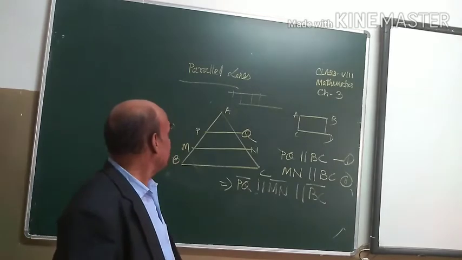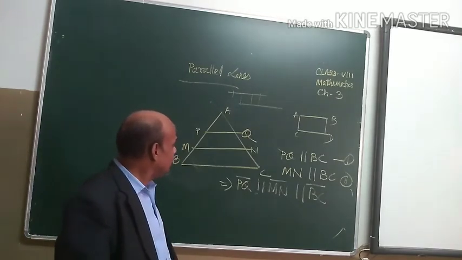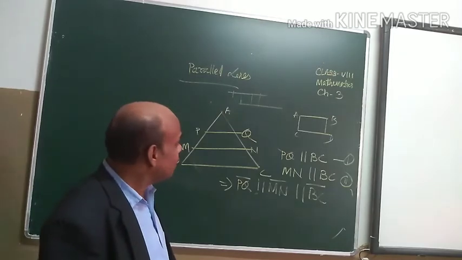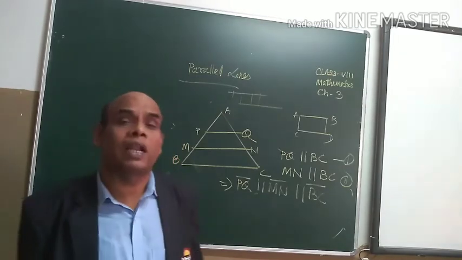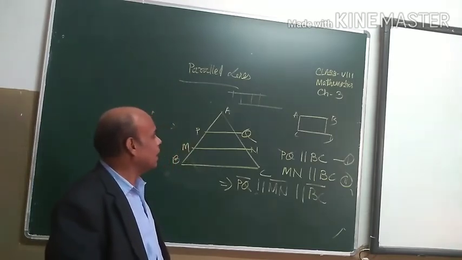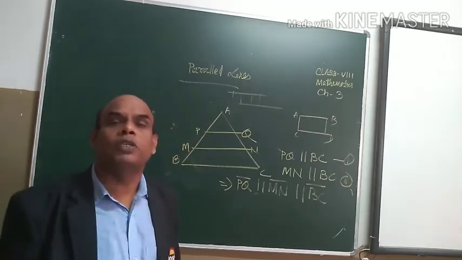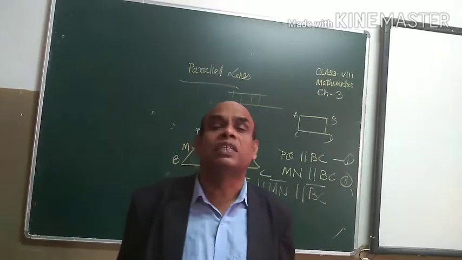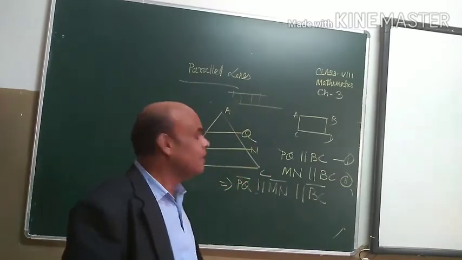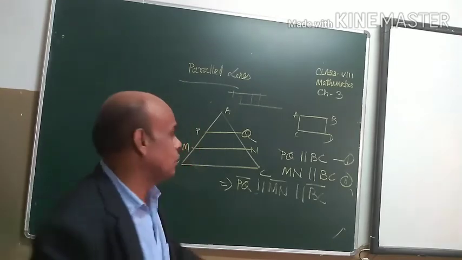So I will say PQ is parallel to MN as well as parallel to BC, because what is given? First, PQ parallel to BC is given. In the second equation, MN parallel to BC is given. So from equations 1 and 2, the conclusion is PQ parallel to MN parallel to BC.